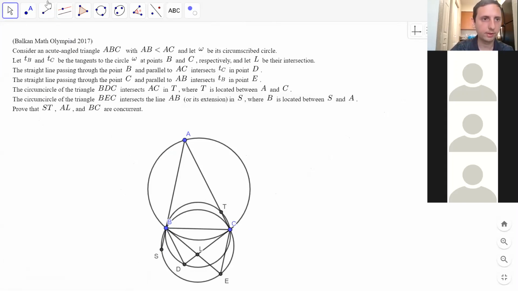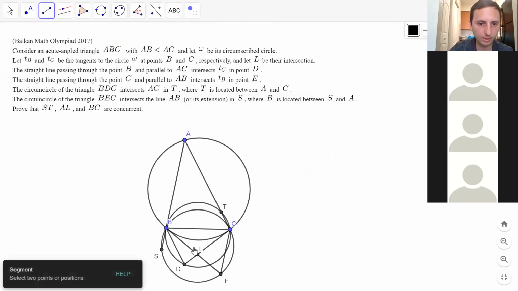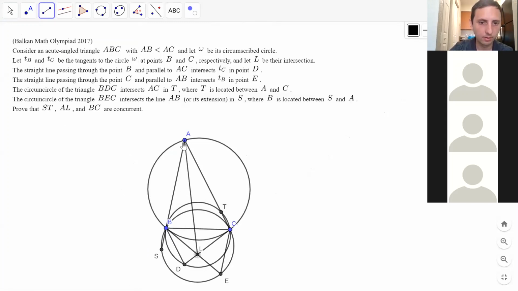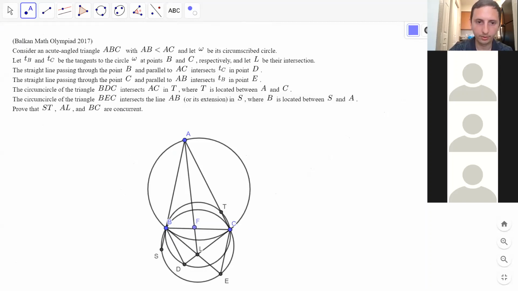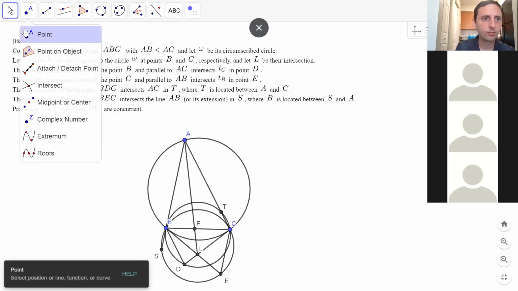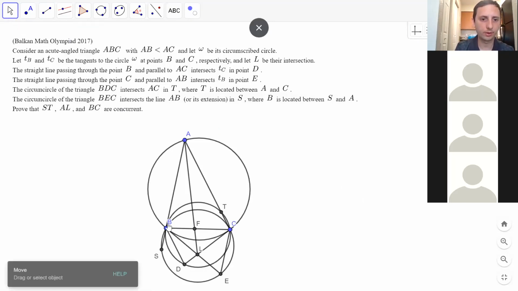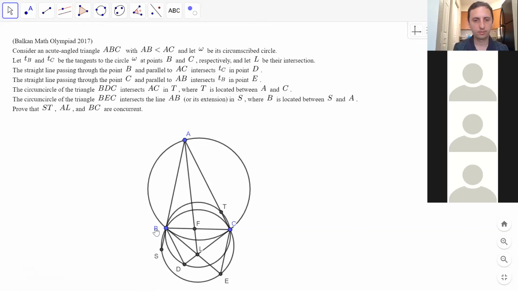So AL and BC, that's where the symmedian meets BC. So yeah, another way to say it is we want to show S, F, and T are collinear. Yeah, this was actually on the exam.